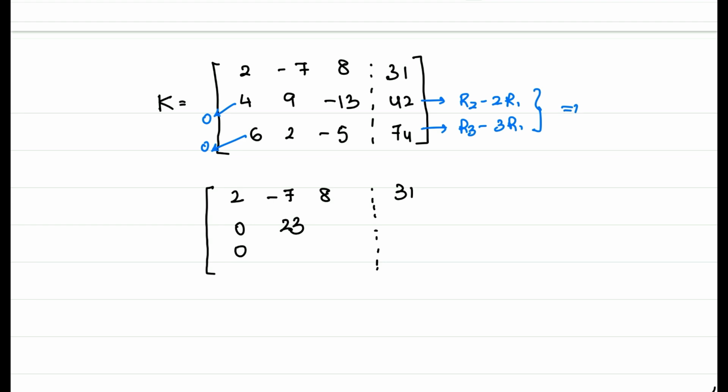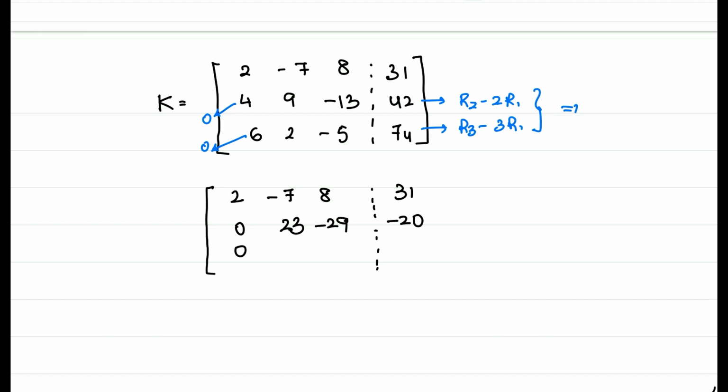Please see them. It's a very simple operation. Now, minus 13 minus 2 into 8, minus 16, this becomes minus 29. And 42 minus 2 into 31, that is 42 minus 62, that is minus 20.